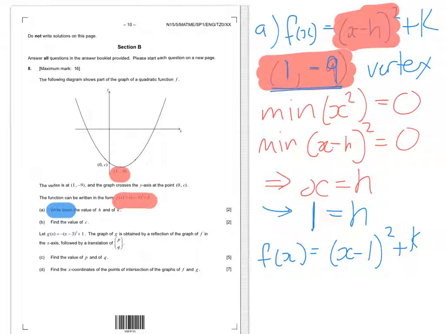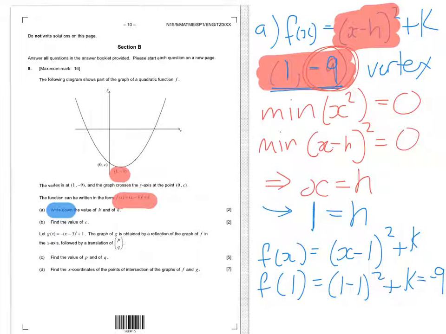Well, if we do f of 1, we get (1 minus 1) squared. Oh, that's 0. We knew that. That's the whole reason we chose h in the first place. Plus k. And that's equal to negative 9, because that's our y value that we've got from here. So, since 1 minus 1 squared is 0, that's not really there, and we can write down our k value is equal to minus 9.